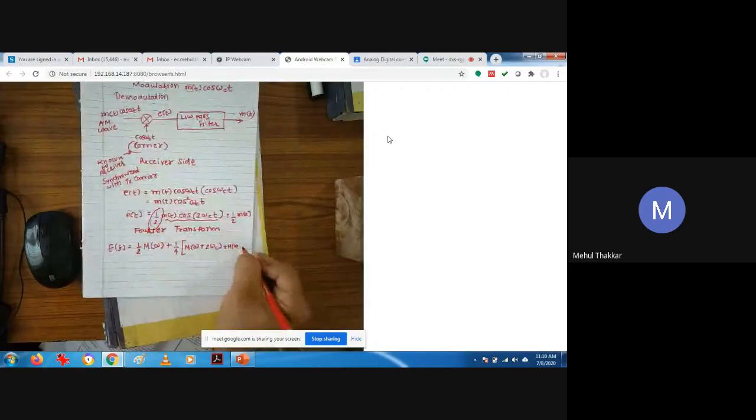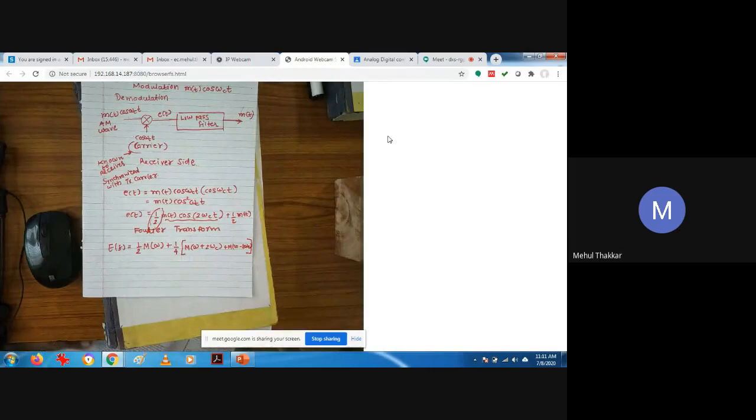Okay, and bracket complete. So this is the Fourier transform of that e of t which I have explained to you. Now we have two components in this: one is 1 by 2 m of omega, and another component that is shifted in frequency.